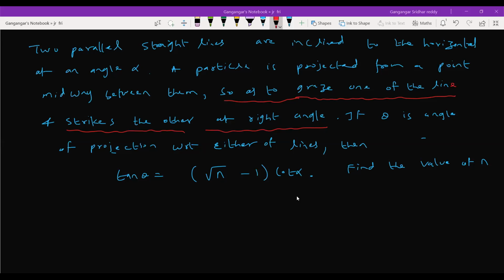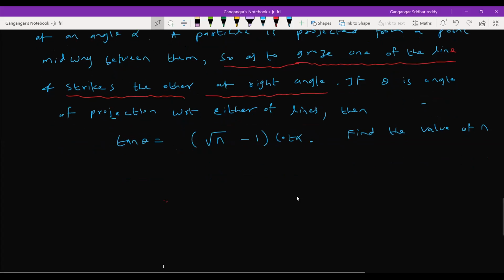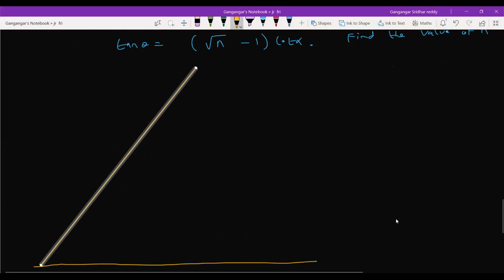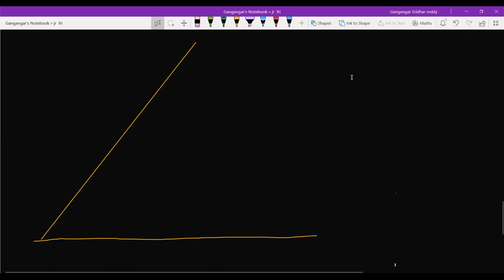Completed. So let me try for the diagram. You try. Meanwhile, I'll draw the diagram.